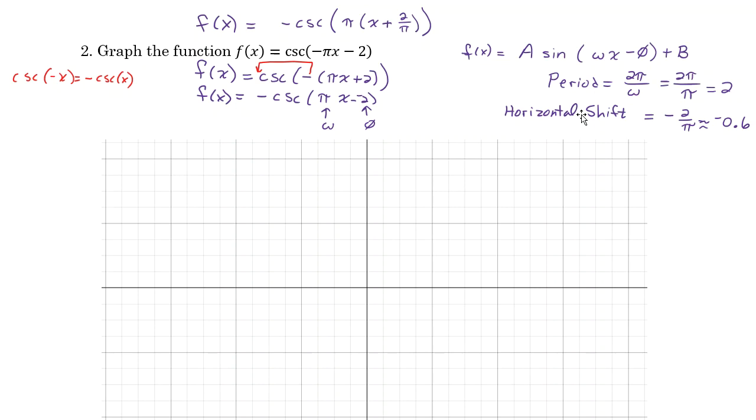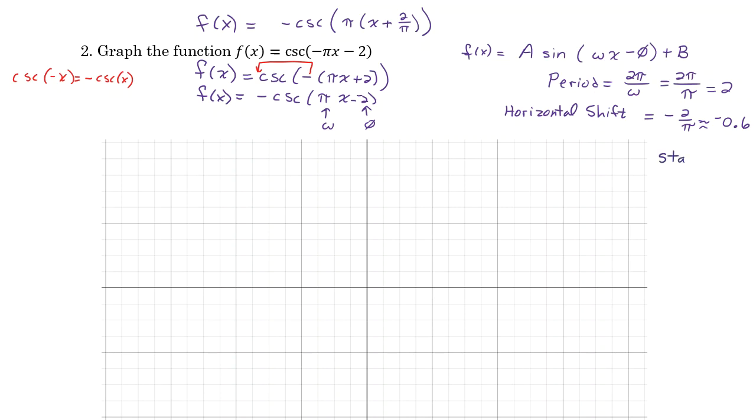So that means my graph is going to start at an x value of negative 0.6, or one of the periods, and then it's going to finish 2 units later. So that's going to be at 1.4.